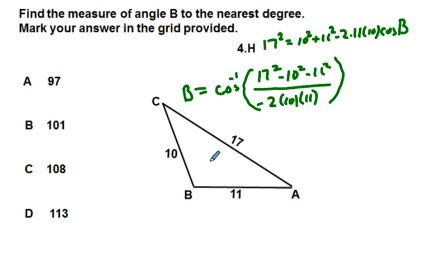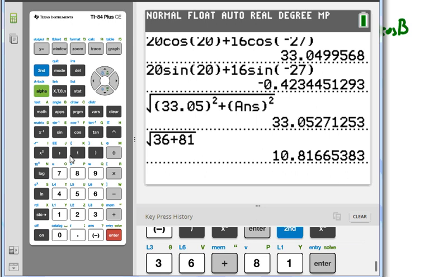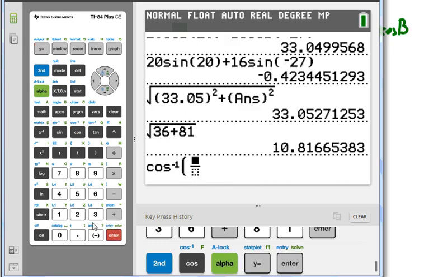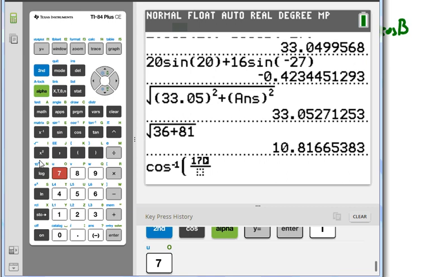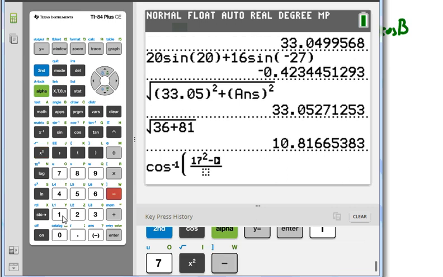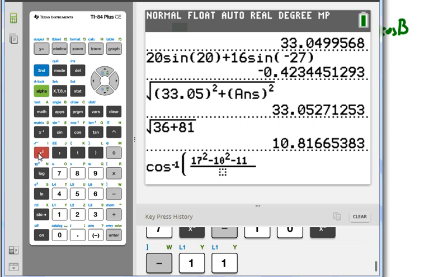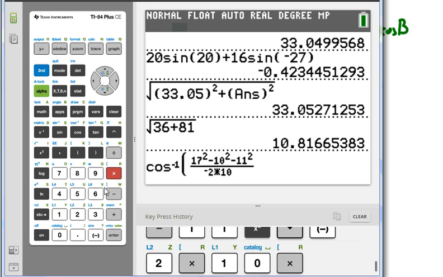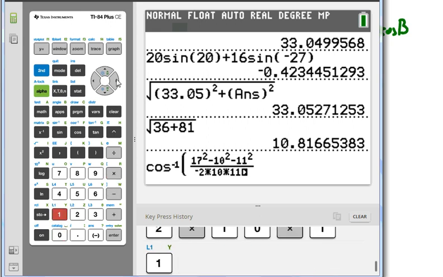So let's go ahead and work that out in our calculator. Inverse cosine of 17 squared minus 10 squared minus 11 squared over negative 2 times 10 times 11, and we close this.